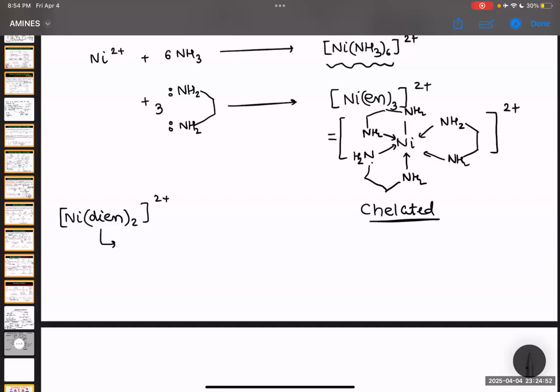Dien is diethylene triamine. So it is a tridentate ligand. There are diethylene and the amine will be 3. Look, this is the ethylene part.